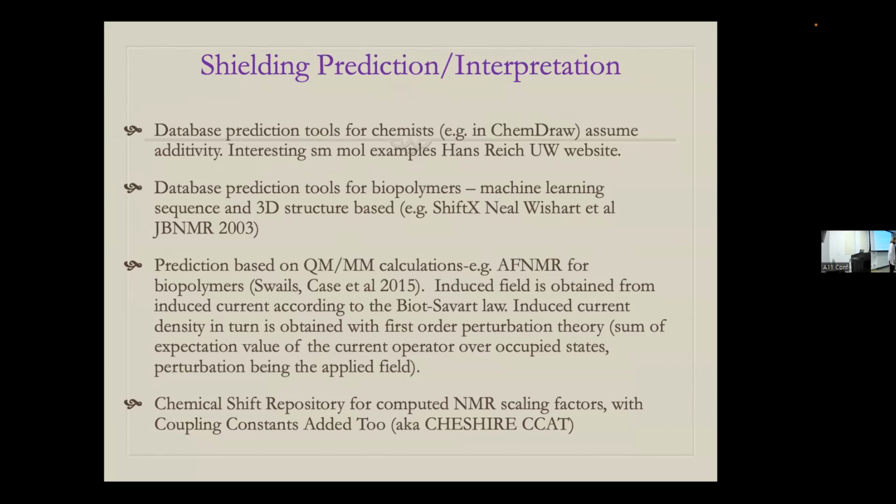So anytime the prediction you want from quantum mechanics has to do with excited state properties, don't expect magic. Don't expect it to be perfect. Predicting ground state properties is tried and true technology, with so much checking, validation and optimization. But I'm trying to emphasize here that this is, as much as anything, an excited state property, and therefore challenging. Once you get those currents, then you use the Biot-Savart law to figure out what the field would be.